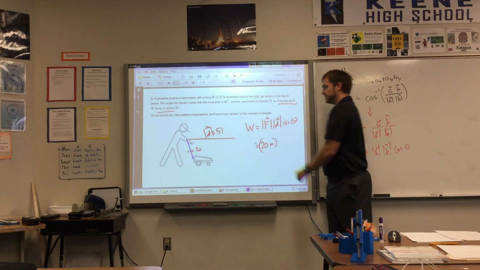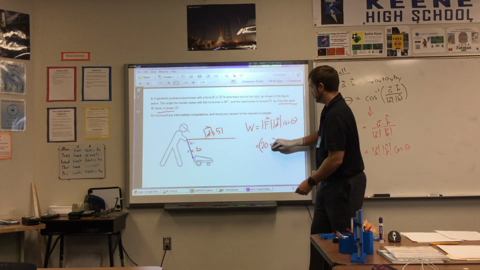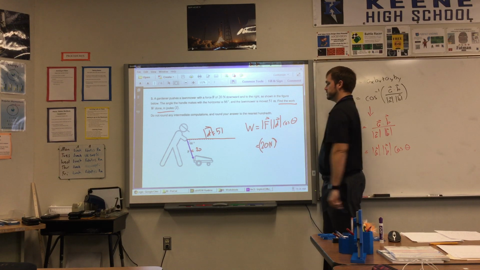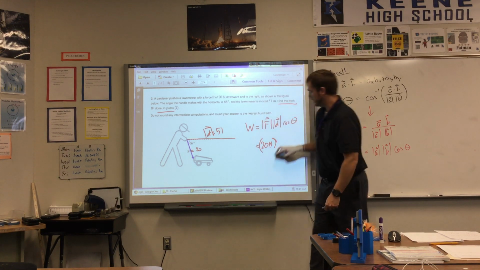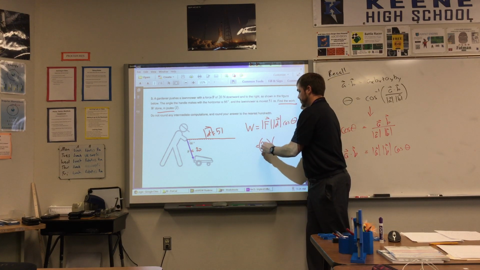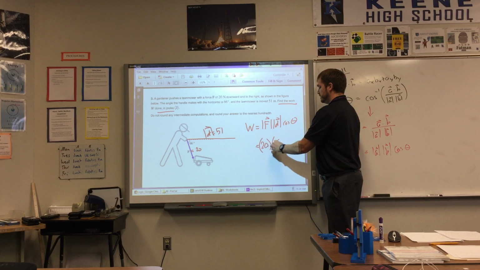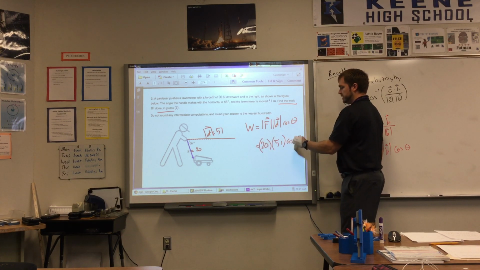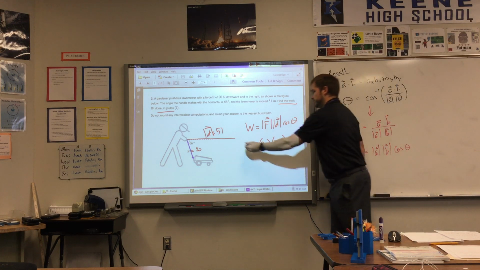Magnitude of D. 20 newtons. That just looks bad. The N makes it look like a metric sign. So 20 times 51 times the cosine of 66 degrees. That's equal to the work done.